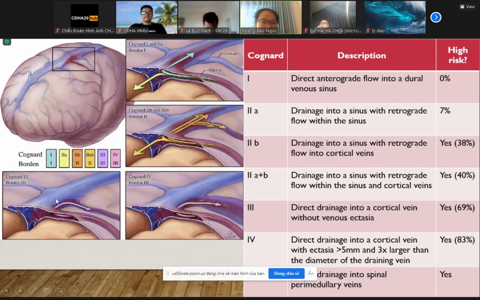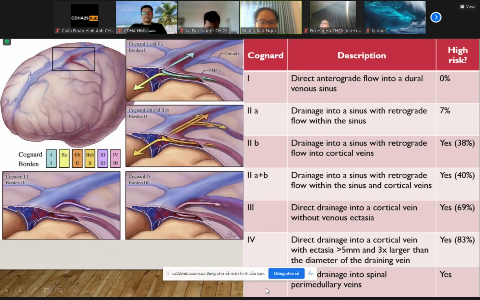For Cognard type 3, there's a direct drainage into the cortical vein without venous ectasia. And type 4, a direct drainage into the cortical vein with ectasia more than 5 millimeters or 3 times larger than the diameter of the draining vein.